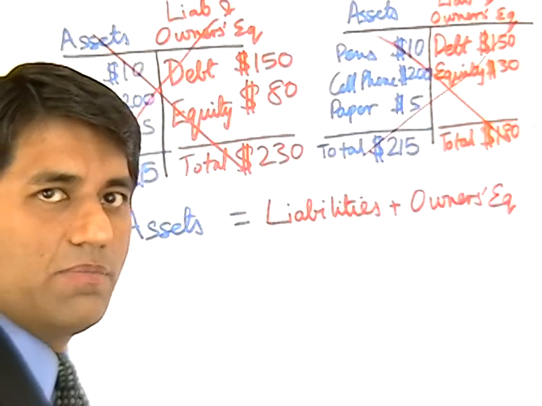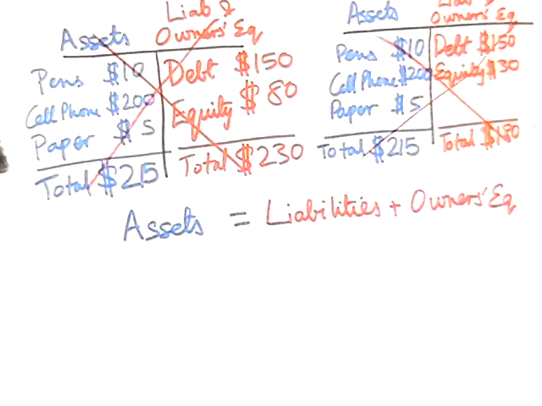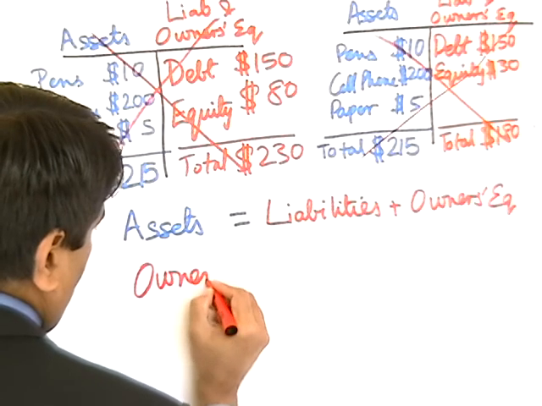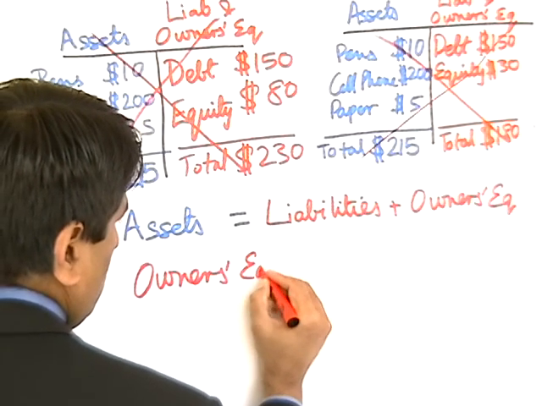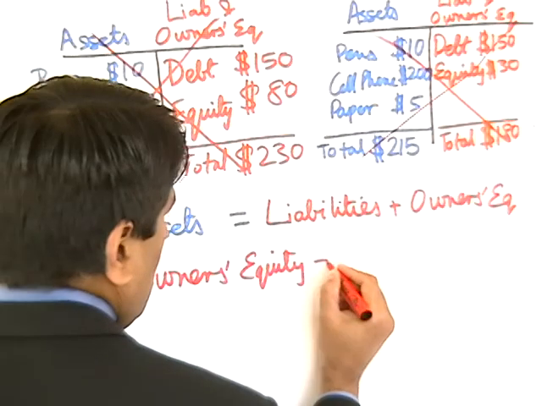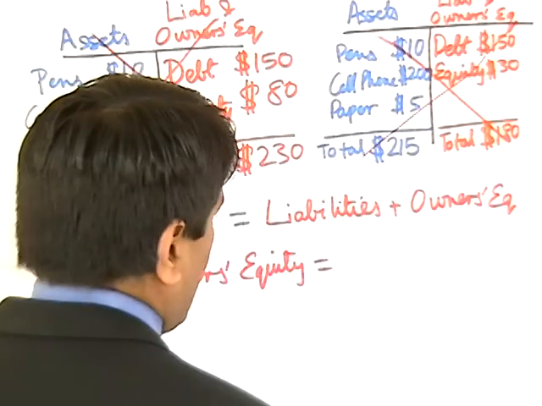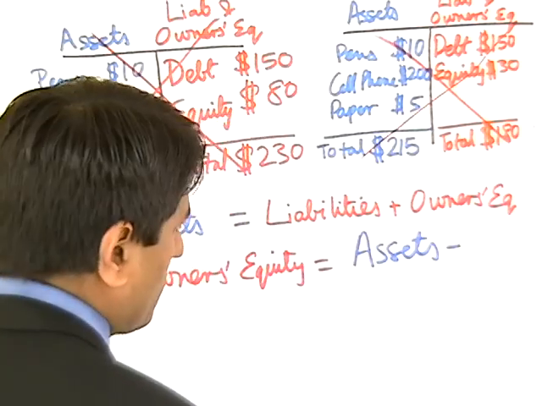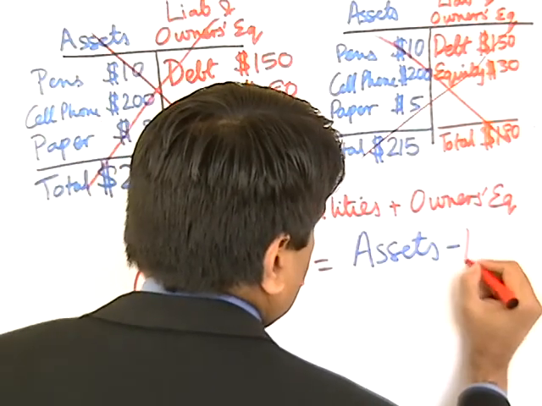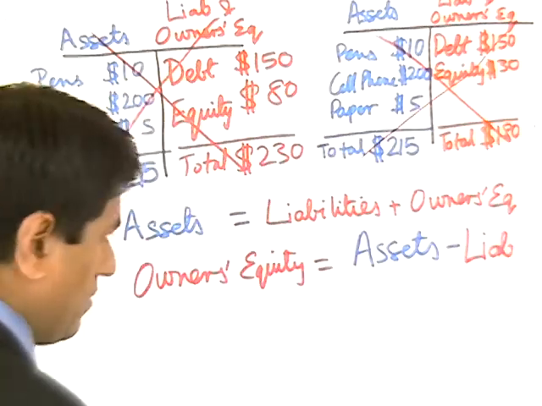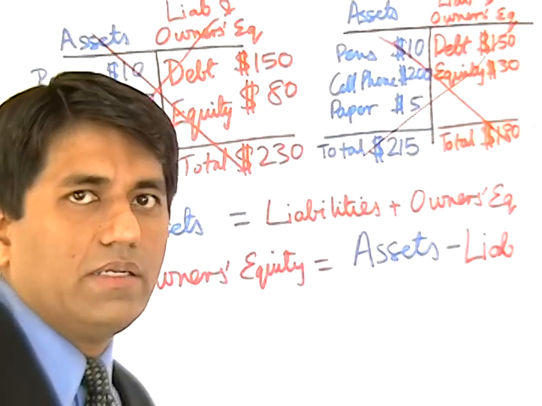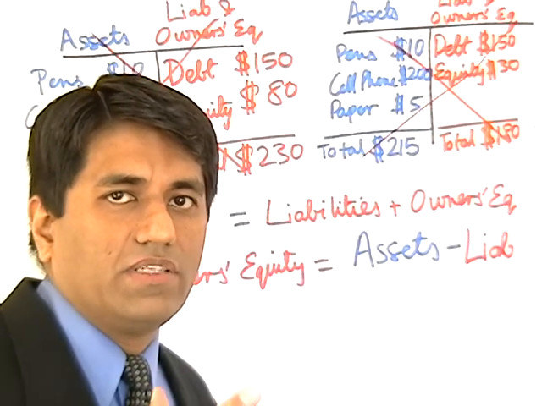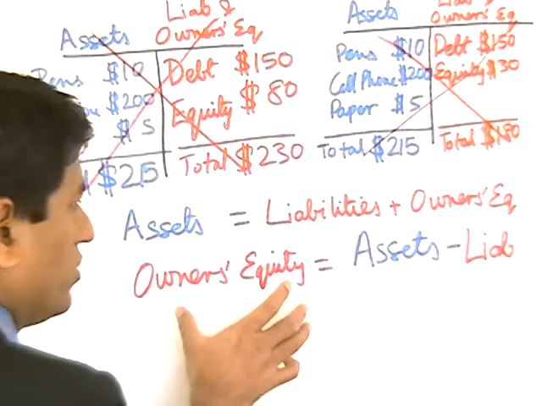The other way to think about this equation is that the owner's equity equals the assets of the firm minus the liabilities. This is probably the easiest way to think about it. The firm has some claims on it classified as liabilities and some of them classified as owner's equity.